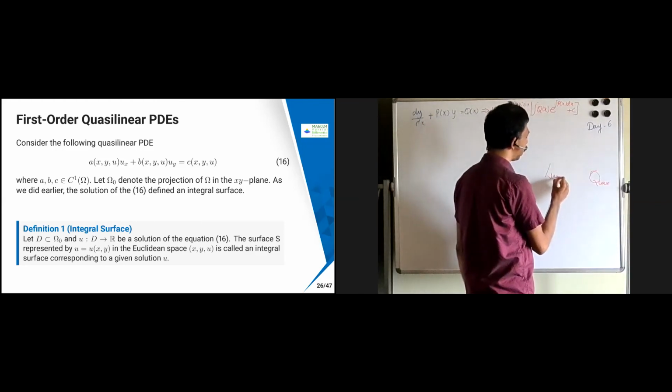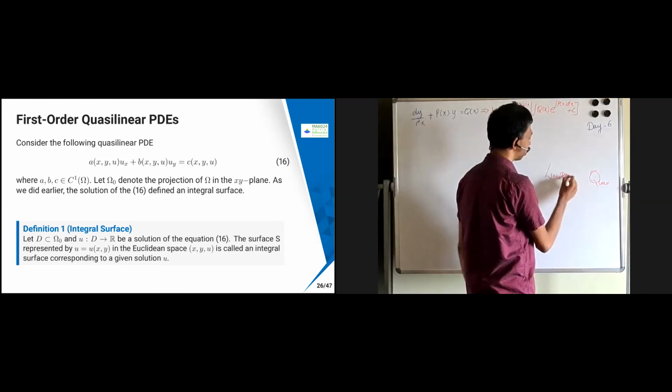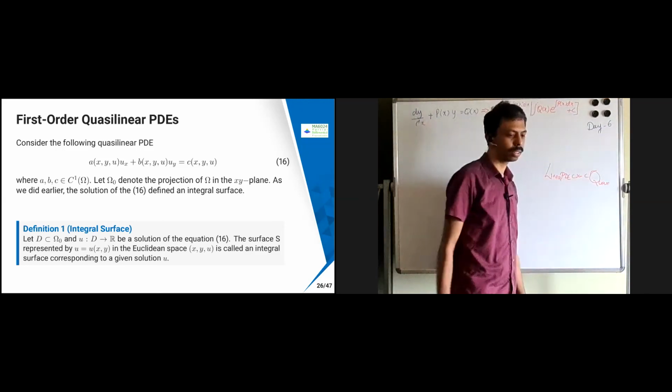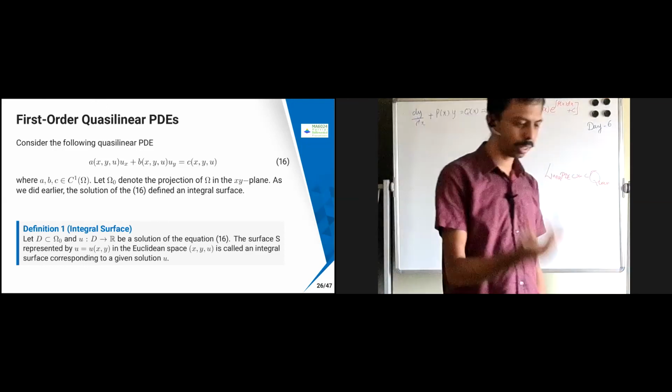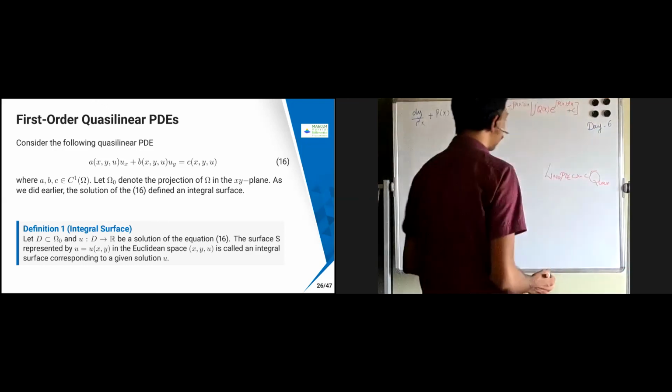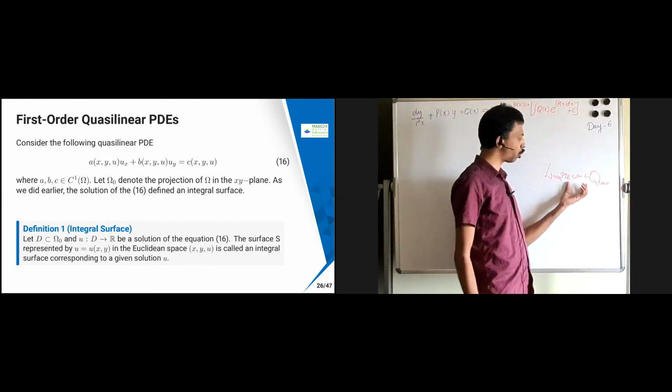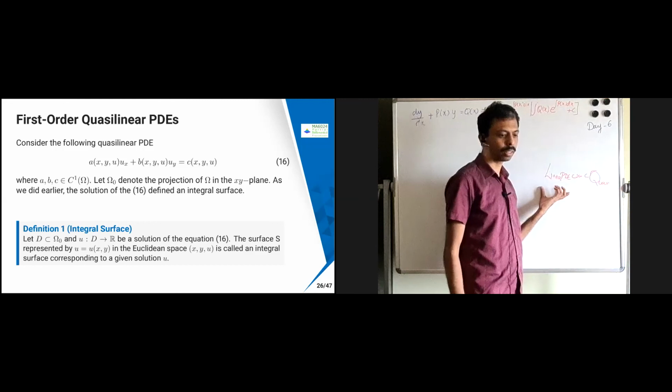We have already seen that linear PDE is a subset of semi-linear PDE, which is a subset of quasi-linear PDE. So if I solve this for quasi-linear PDE, that is going to work for semi-linear as well as linear PDE.